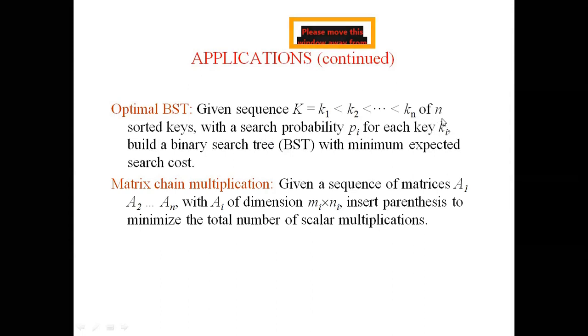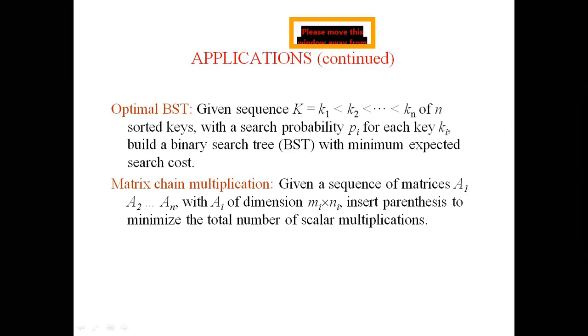For each key ki, what is the probability of searching that particular key? That is pi. Build a binary search tree with minimum expected search cost. The cost of the searching should be minimum, so that we can search an element in the binary search tree at a faster rate.